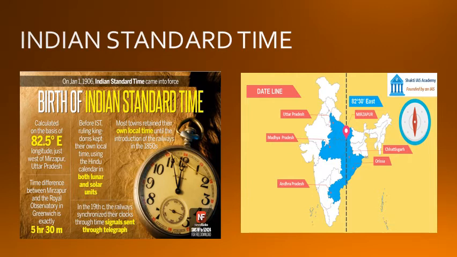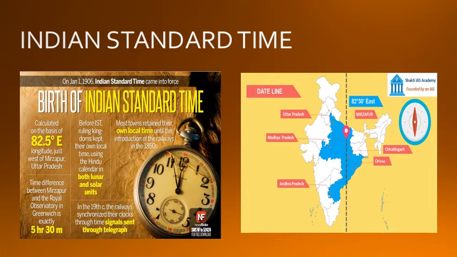But some countries in the world, such as Russia, Canada, USA, and Australia, have a large longitudinal extent. One standard time for these countries was not enough to provide uniformity of time, as the geographical area is very large.